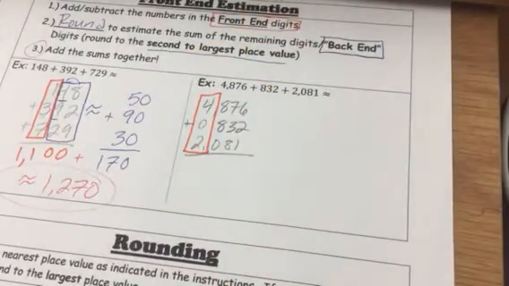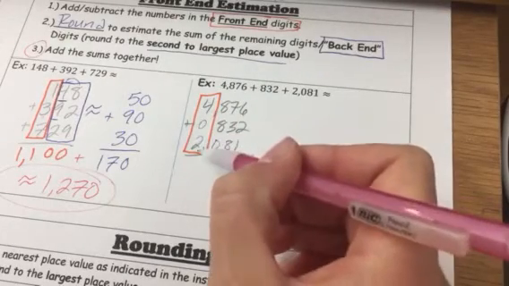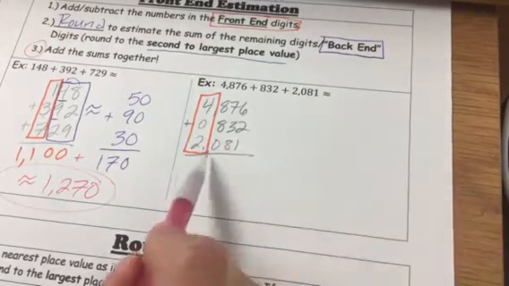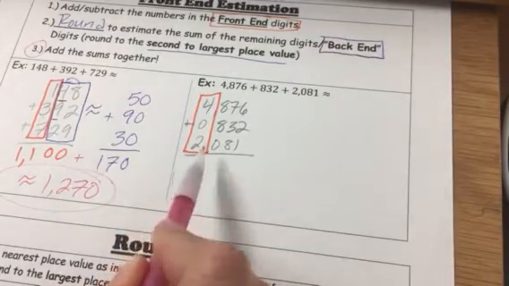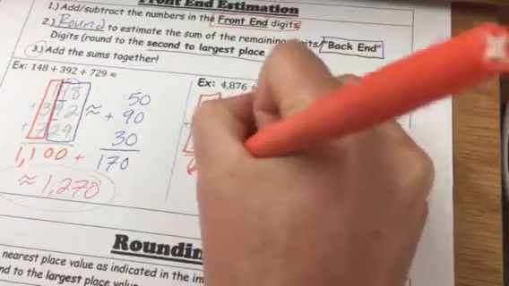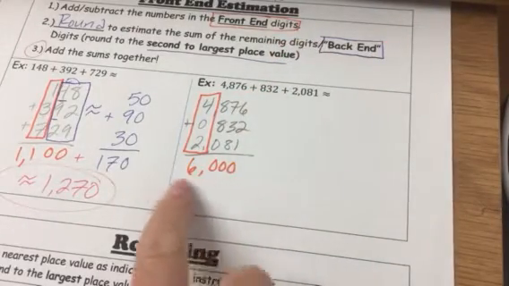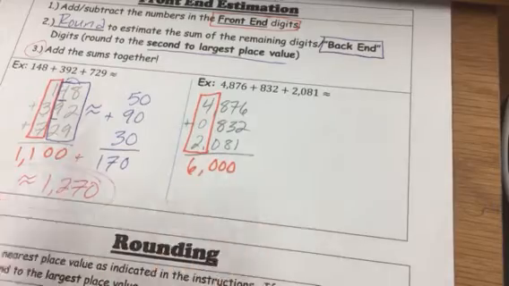You can put in a 0 there if you need to, just to help make sense out of that, plus 2 more thousands. Well, 4,000 plus 2,000. Why am I saying thousands? Well, because it's sitting in the thousands place value. That will give you 6,000. It's very important that we are keeping track of what place value we're in.